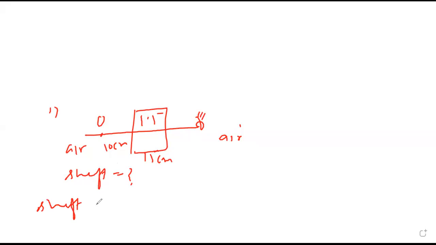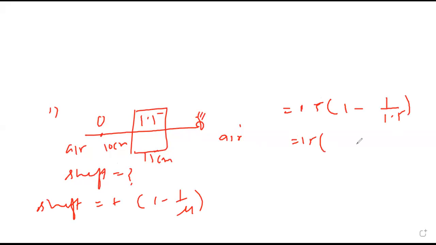Shift formula is t into 1 minus 1 upon mu if there is air surrounding both sides. So this is 15 into 1 minus 1 upon 1.5, that is 15 into 1 minus 10 upon 15. 15 minus 10, 5 upon 15, equals 5 centimeter. That means it has come closer by 5 centimeter. That's correct.